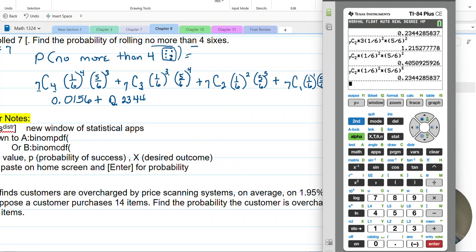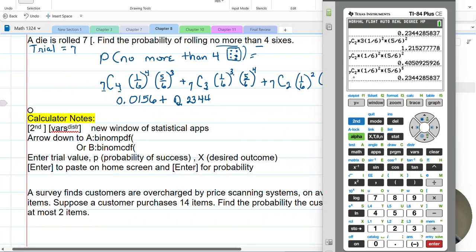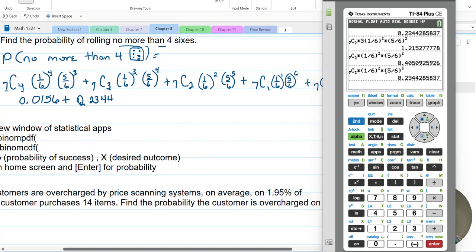Sorry. There it is, 0.2344, when I just did. Okay, just did that one. So I'm at that one, 7 choose 2, and I have 1/6 to the 2 and 5/6 to the 5.